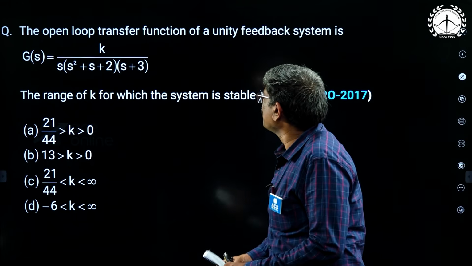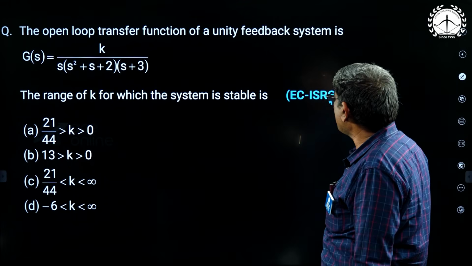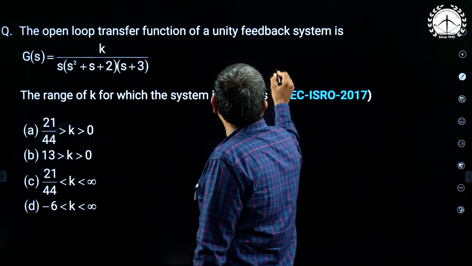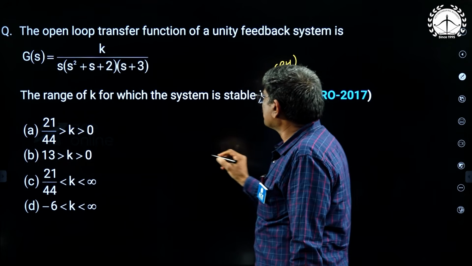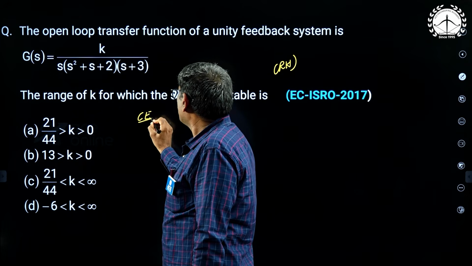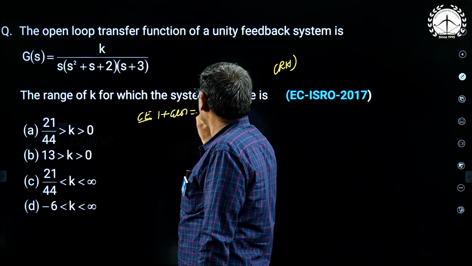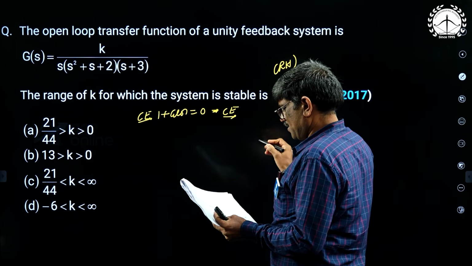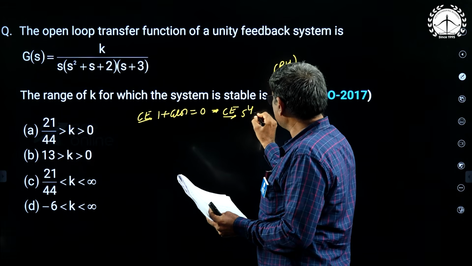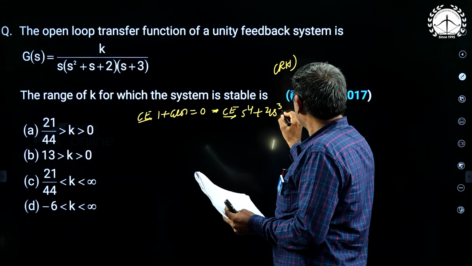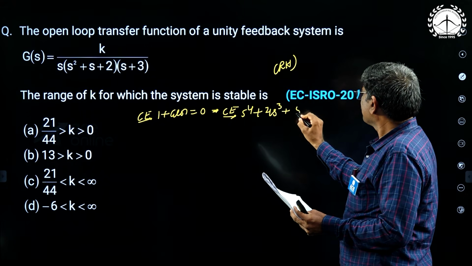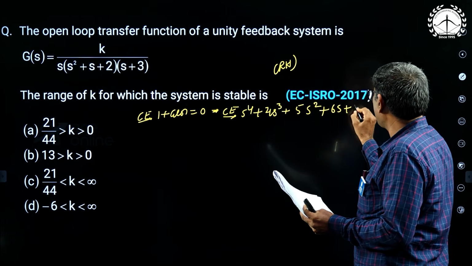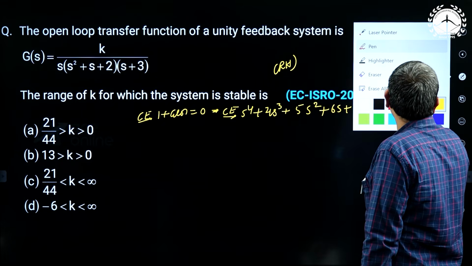They have given the open loop transfer function of a unity feedback system, and we need the range of K for stability. Simply we can use the RH criteria. So what is the characteristic equation? 1 plus G of S equal to 0. If you write the characteristic equation, we get S power 4 plus 4S cube plus 5S square plus 6S plus K equal to 0.